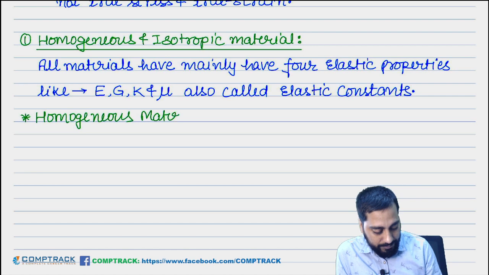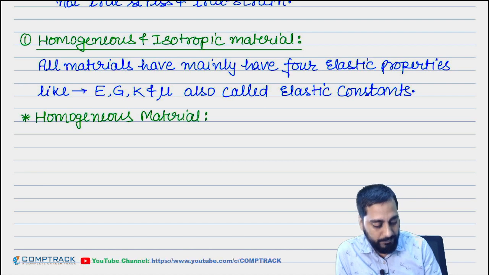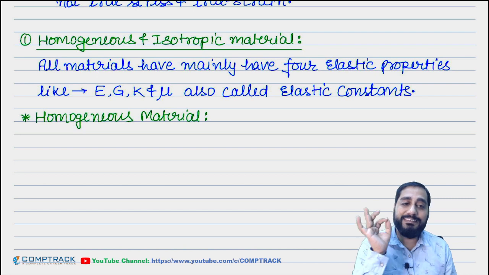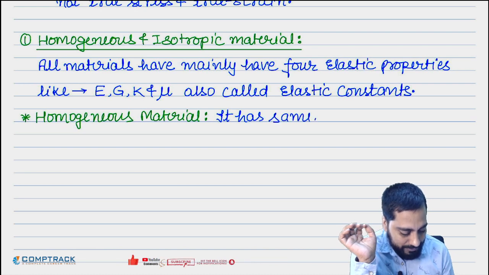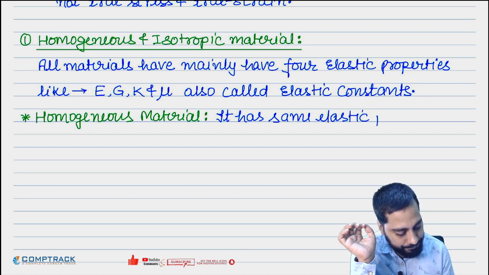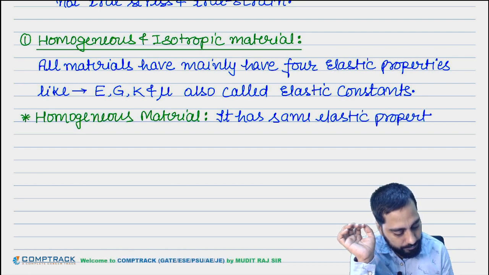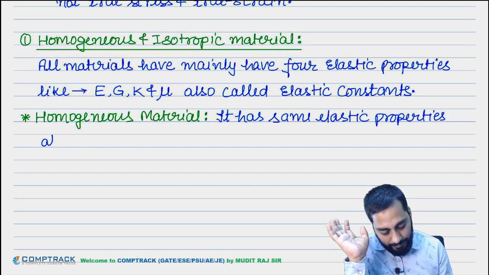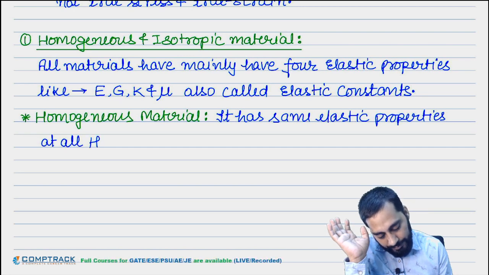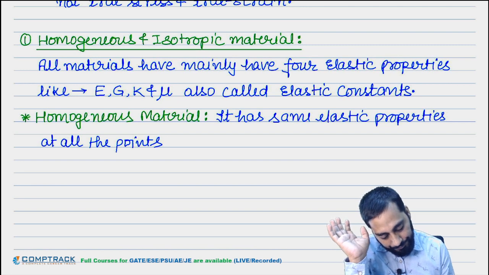Homogeneous material means, write down here, it has same elastic properties at all the points in a given direction.